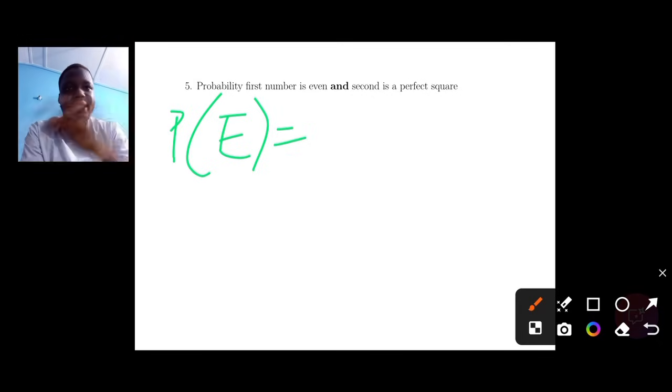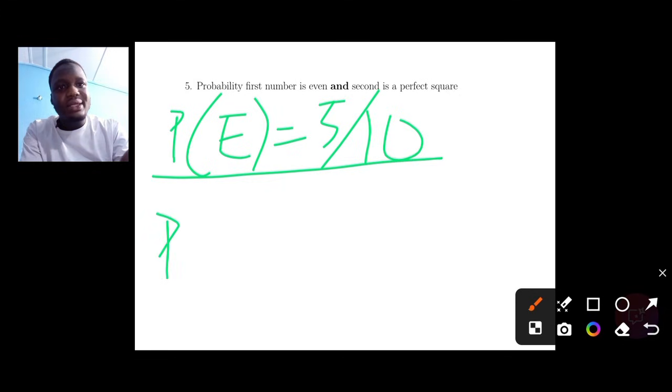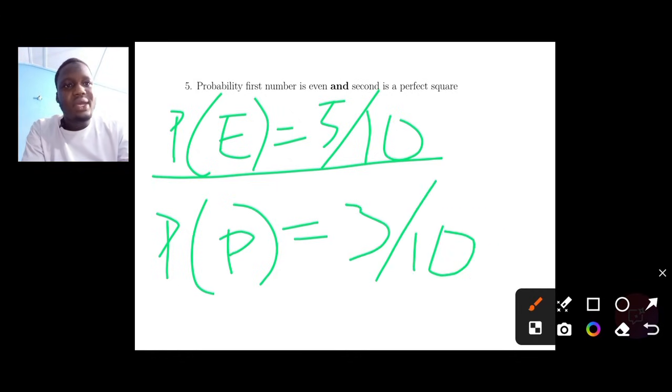There are 10 numbers and 5 of them are even numbers. So this is the probability that the first one is even. Now let's find the probability that the second one is a perfect square. We have 3 perfect squares, so the probability that the second one is a perfect square is 3 over 10.